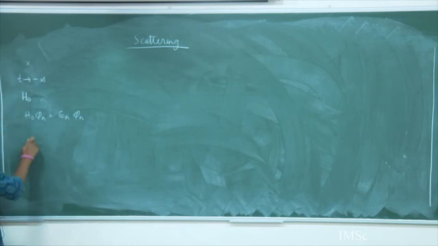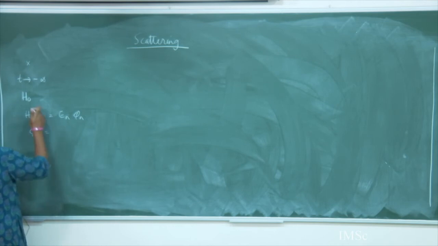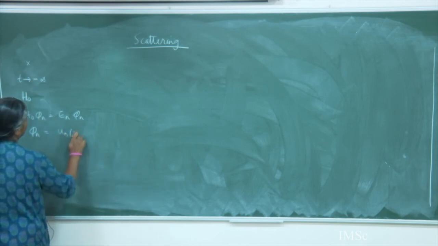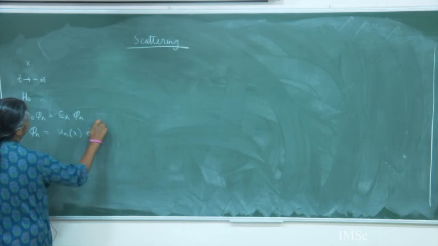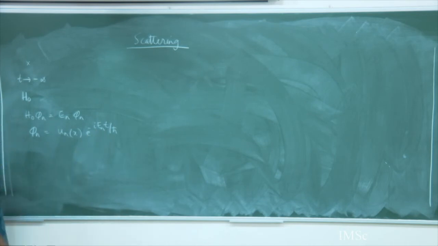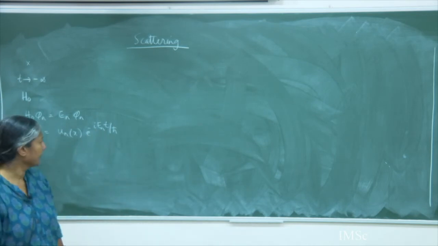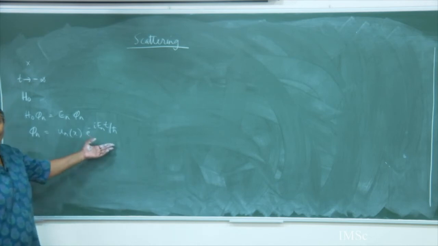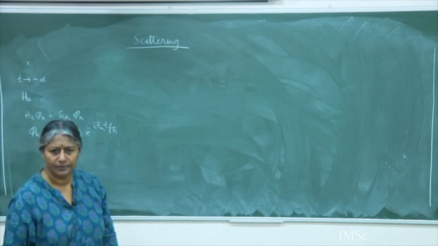Since this is a non-interacting state, I can write it in terms of phi n. I'm going to drop this h-bar very quickly. So it's a free particle evolving with e to the minus iEt.